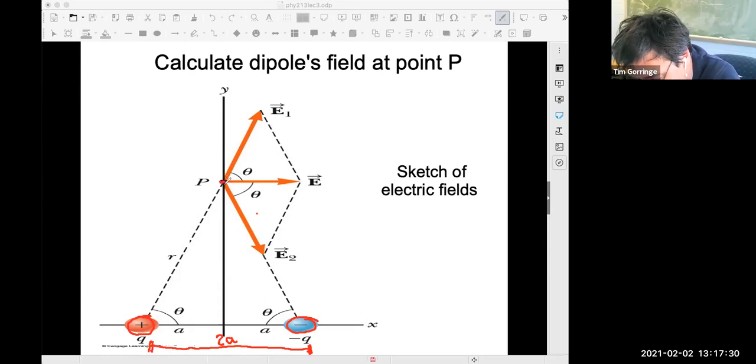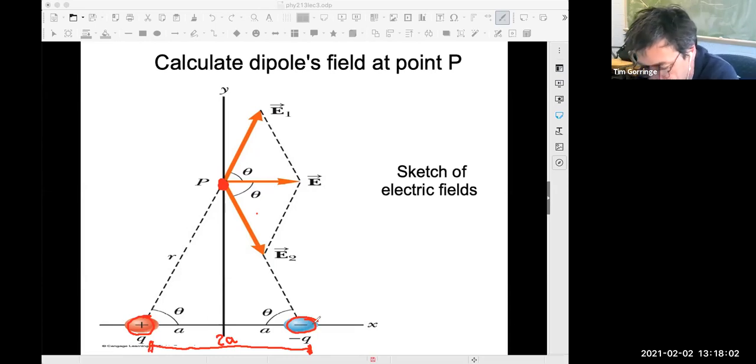We're going to calculate the electrical field at this point, field point P here. We want to know what this electrical field is. Now, that electrical field is made up of an electrical field that's created by the positive point charge down at the bottom here on the left, and the electrical field of the negative point charge on the right here.